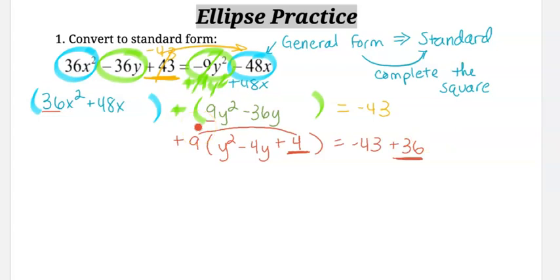Now with our x terms, this is going to be a little bit trickier because even though 36 isn't a GCF, we are still going to divide that 36 out because we need our leading term to be 1x squared. And so what we are going to end up with is a fraction that we're going to have to divide by 2 and square. So just as a reminder, we want to simplify that as much as possible.